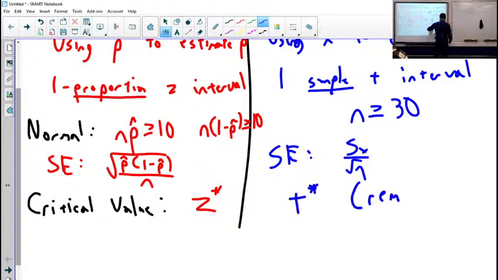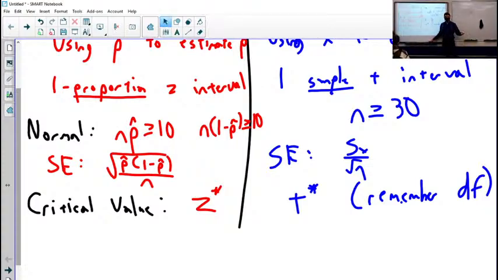And remember to get your degrees of freedom. You want to write that down in your step 3. It's a part of your calculations for how you're getting your T-score. You need to show degrees of freedom equals sample size minus 1. And you see this in the name of the interval, too. This one's called a Z interval. This one's called a T interval because we're using T-scores instead.